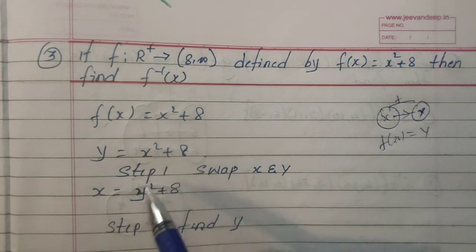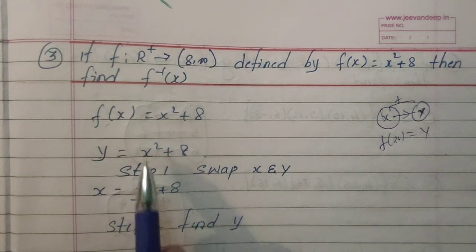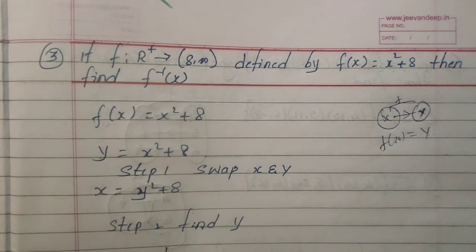So now swap the x and y: x equals y square plus 8. Now find the value of y. Second step: transpose 8, x minus 8 equals y square.